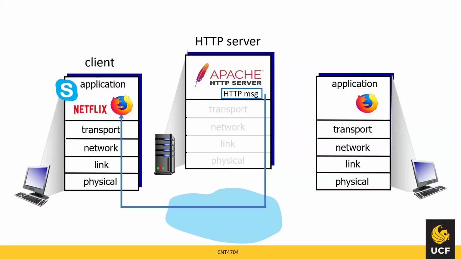So the message is given to the transport layer on the client, which wraps it into a segment with the correct port number, and then the segment travels across the internet and reaches the server transport layer. Then the server would look at the destination port and say, hey, it is for Apache, and deliver the message there. This shows how the transport layer ensures the client app, Firefox, connects to its server app, which is Apache.